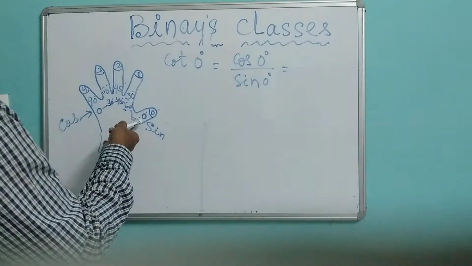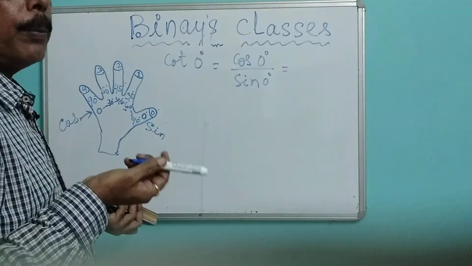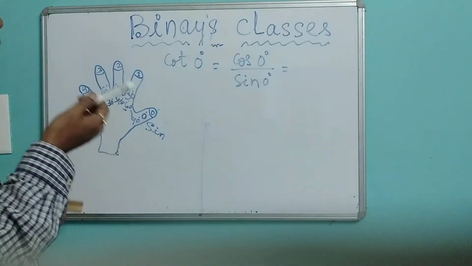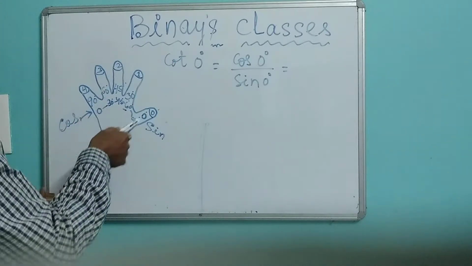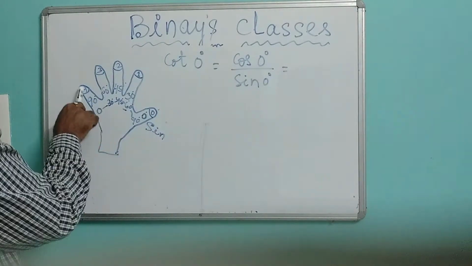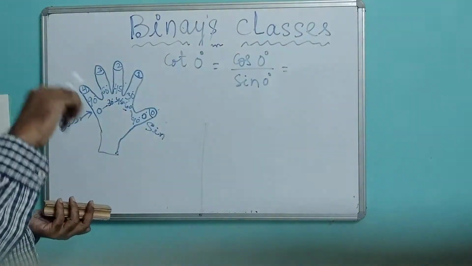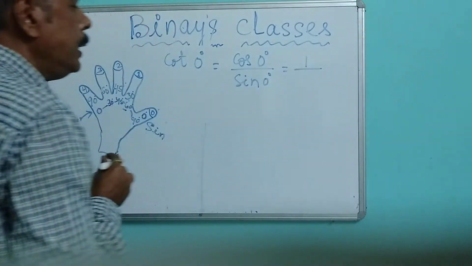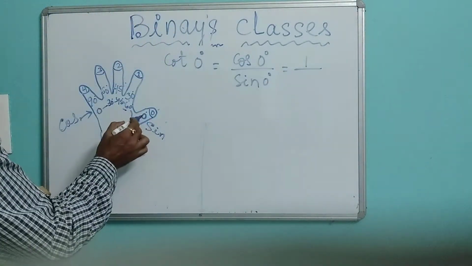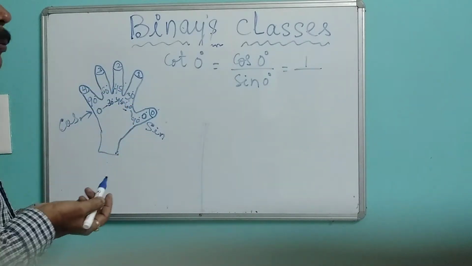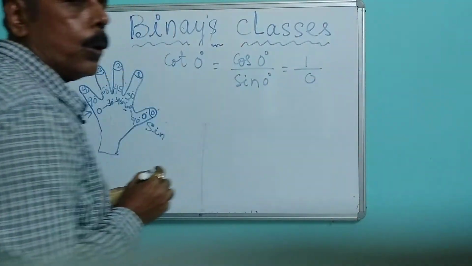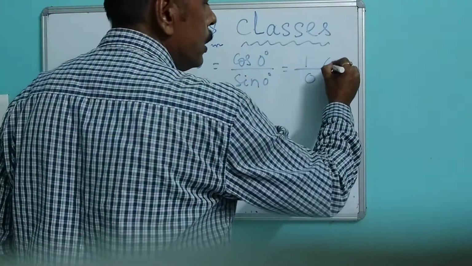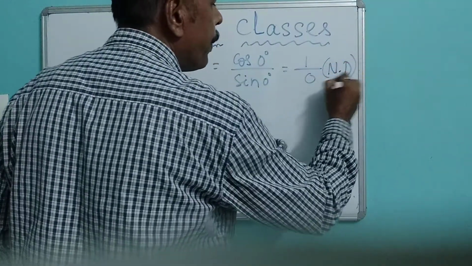Cos 0 you have already calculated before, but if you could not recall it, you can immediately calculate cos 0: finger number 4 by 4, that is 1, root over of 1 gives you 1. Cos 0 is 1, and sin 0 is 0 by 4 root over, which also gives you 0. So cot 0 is 1 by 0, which is not defined.